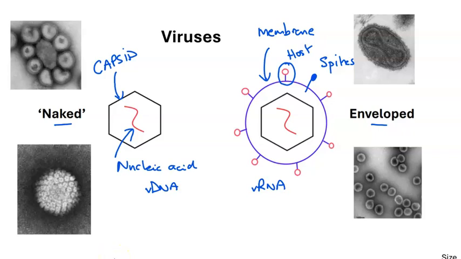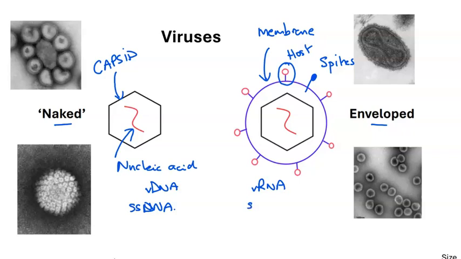When examining inside the capsid, we find that there will be a single strand of DNA virus, and we call that ssDNA. So that's a single strand DNA, and equally we would find the same thing with an RNA virus.